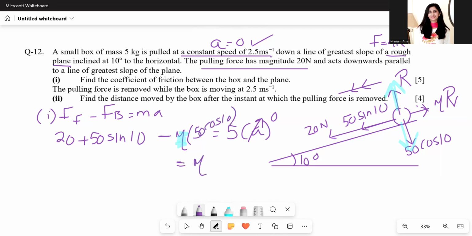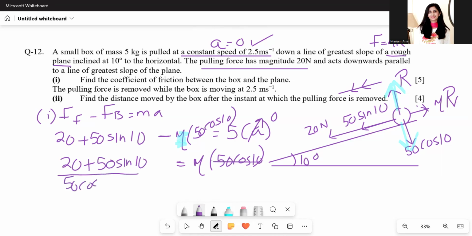Now I'm going to move the mu value to the other side so that it becomes positive. And here we have 20 plus 50 sine 10. Then we're going to divide this on both sides. This should give us the value of mu, which would come out to be 0.5824, rounded off to 0.582.